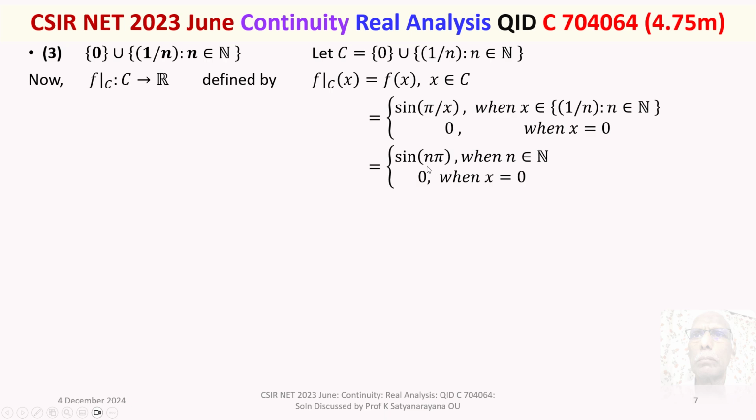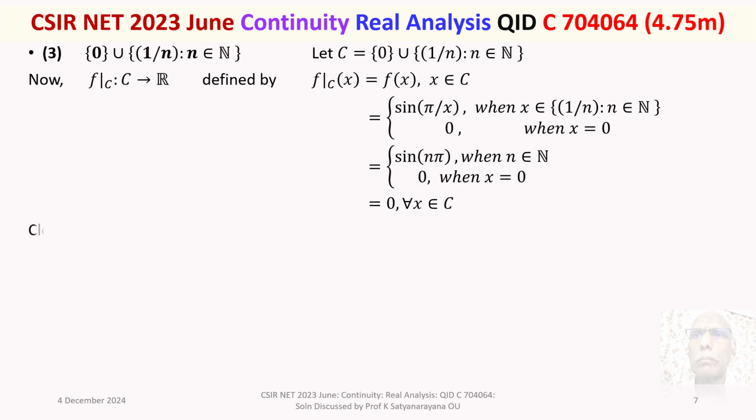What is sin n pi? For all values of the natural numbers, sin n pi is 0. So this is 0 for all x belongs to C. That means f restricted to C is a constant function and it gives 0 for all x belongs to C. And it is very well known that every constant function is continuous.